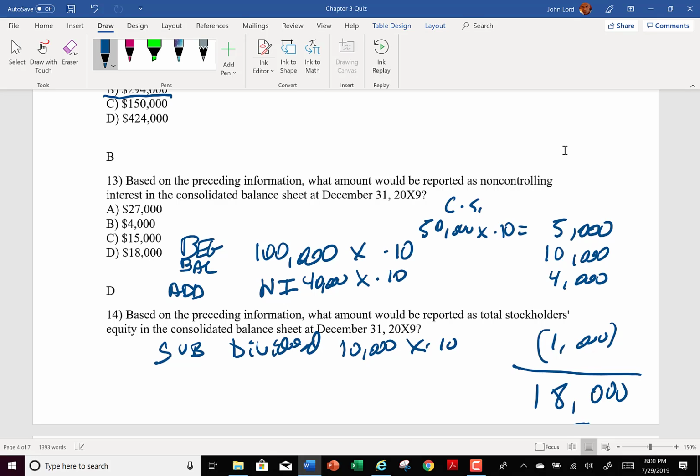Is that the answer? Okay, so it's the non-controlling interest share of whatever's in the stockholders' equity at that point in time, right?